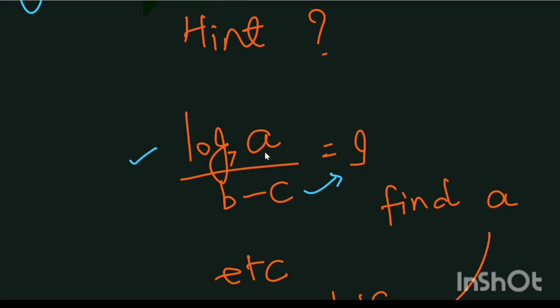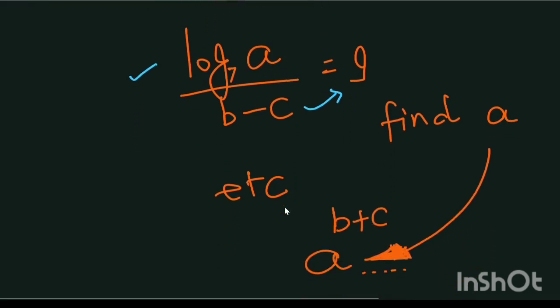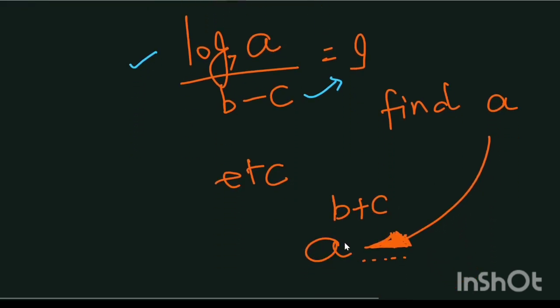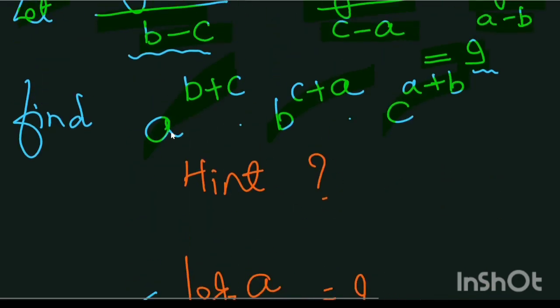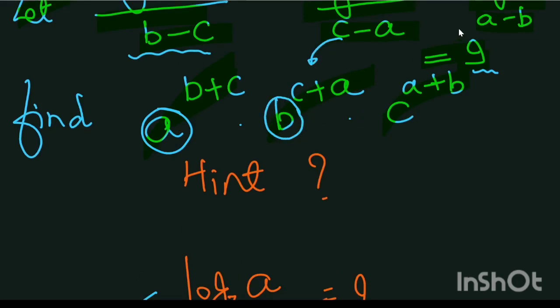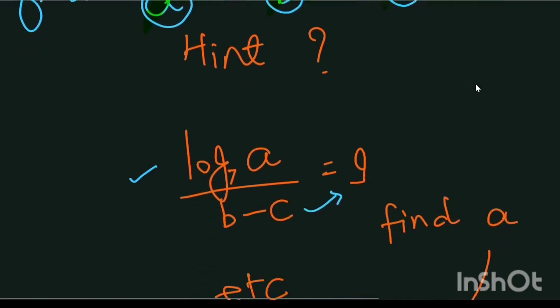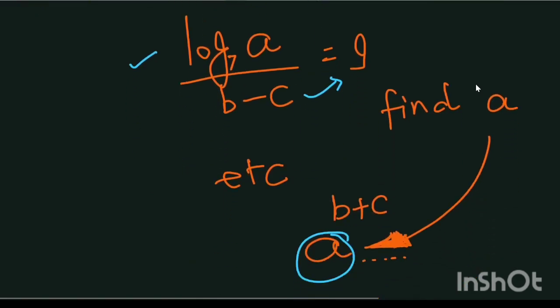So we will get a in terms of b minus c, and whatever a we get, we will substitute here in this expression, a to the power b plus c. Similarly, we will find b using the second equation, and c using the third equation. We will substitute it here and solve. That is how we will do this question, guys.